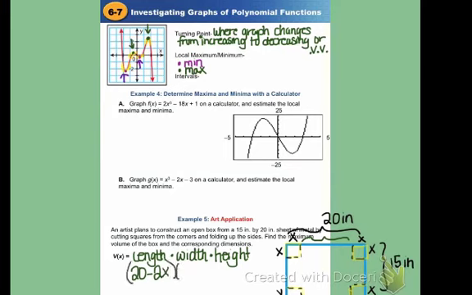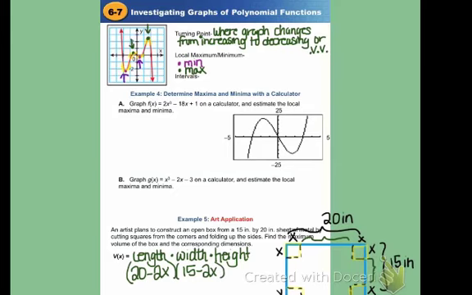Now the width, instead of being 15 along the side, is actually this length now, because we took 15 and subtracted an x off either end. So that's 15 minus 2x.